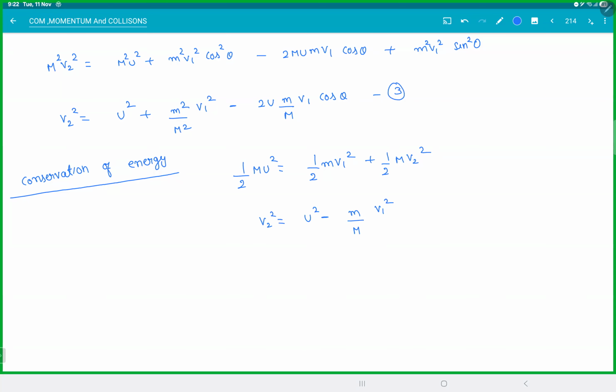That is your v2 square. And this is your equation 4. Now take this equation 4 and dump it in the equation 3.